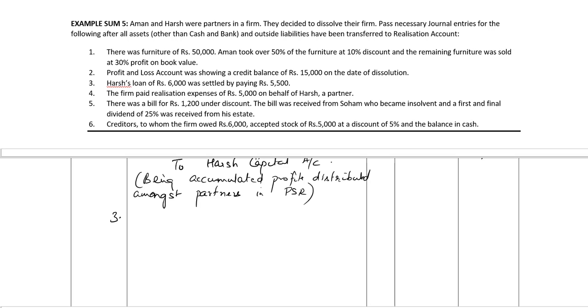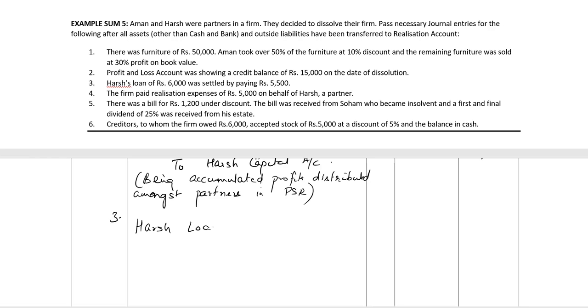Third point, Harsh's loan of rupees 6,000 was settled by paying 5,500 rupees. So we made a gain of 500 rupees. We settled Harsh's loan of 6,000 by just paying 5,500 rupees. The balance 500 we will credit to realization account. Journal entry, Harsh loan account debit to bank account, to realization account.